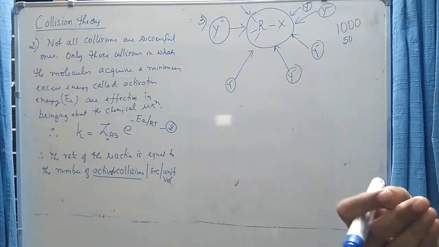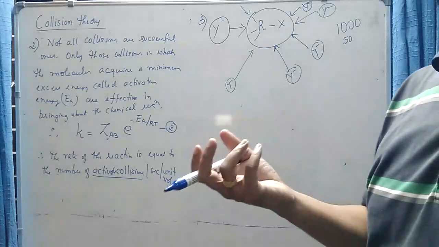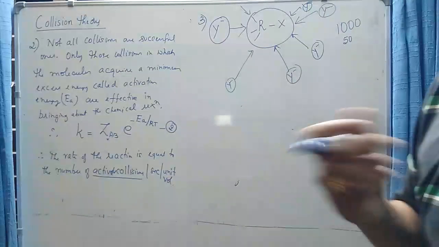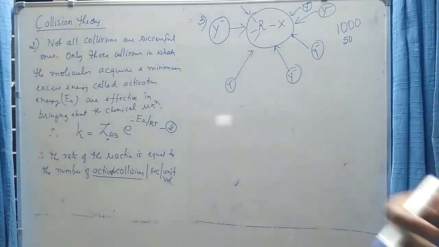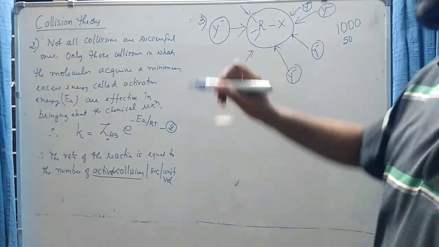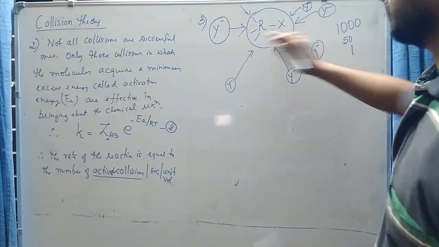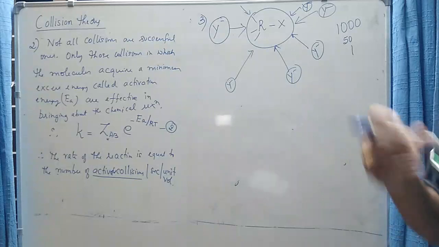So out of 1000, only in 50 cases the molecule is getting activated, so the remaining 950 are ineffective collisions. And even in these 50 activated collisions, there are only a few collisions taking place in the proper direction. Say for example, in this case only one collision takes place in the proper orientation.